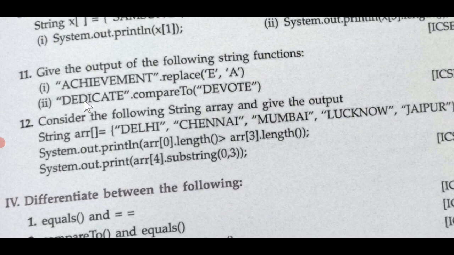Just a minute, let me calculate. ASCII value of D is 68. ASCII value of capital V, V W X Y Z, there is 90, then 89, then 88, then 87, then 86.